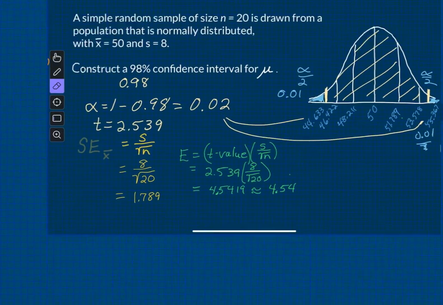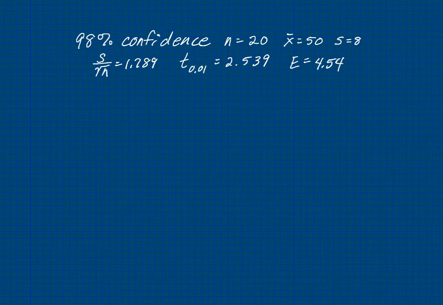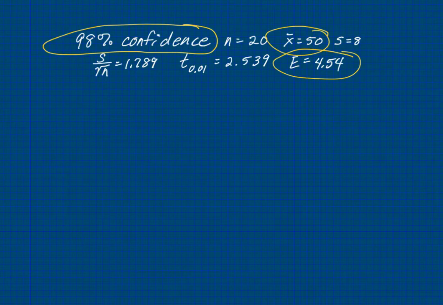And now to summarize things. We were looking for a 98% confidence interval. So 98% confidence is where we began, and these were the values we were originally given. And the values we've calculated so far are listed there: the standard error of the mean, the t-value, and the margin of error. Only these three go into our final answer.